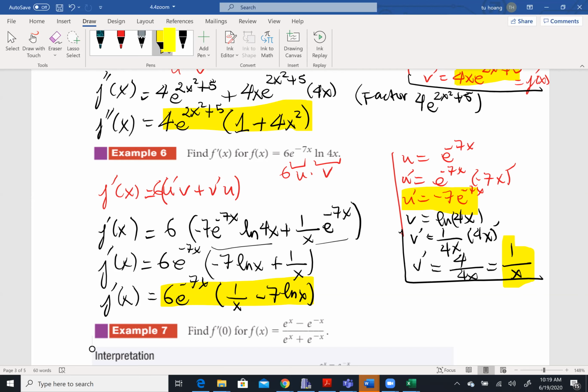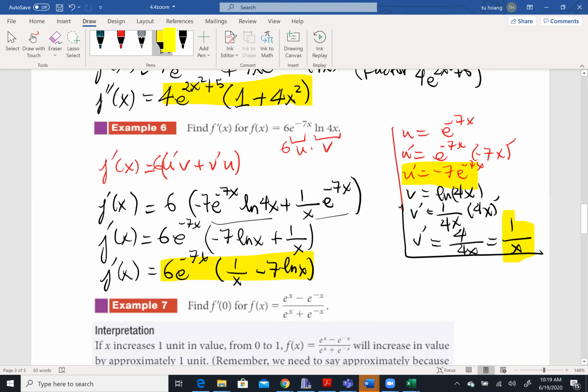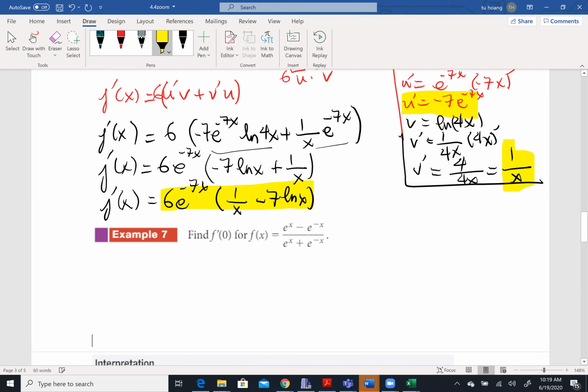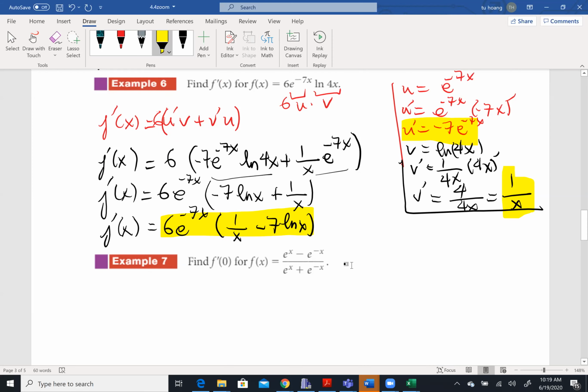Now I'm gonna move to example 7. So we did some examples with the product rule.